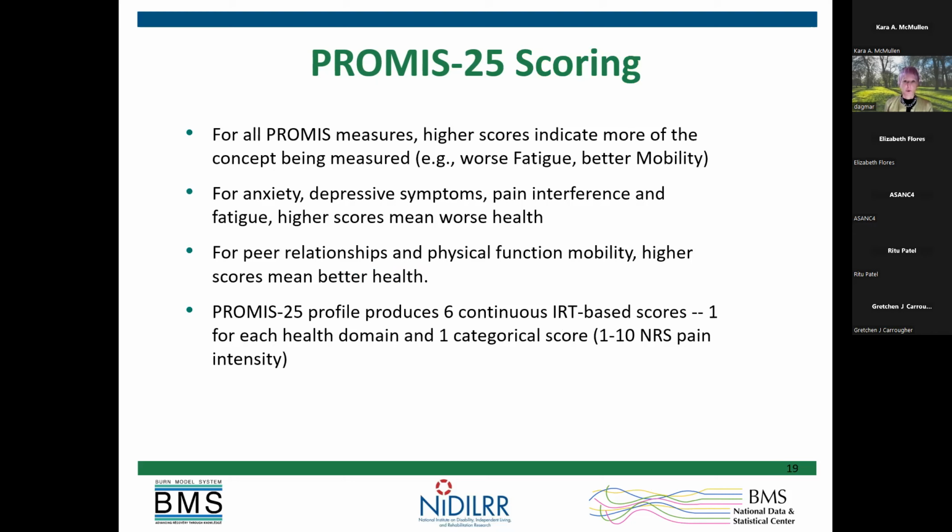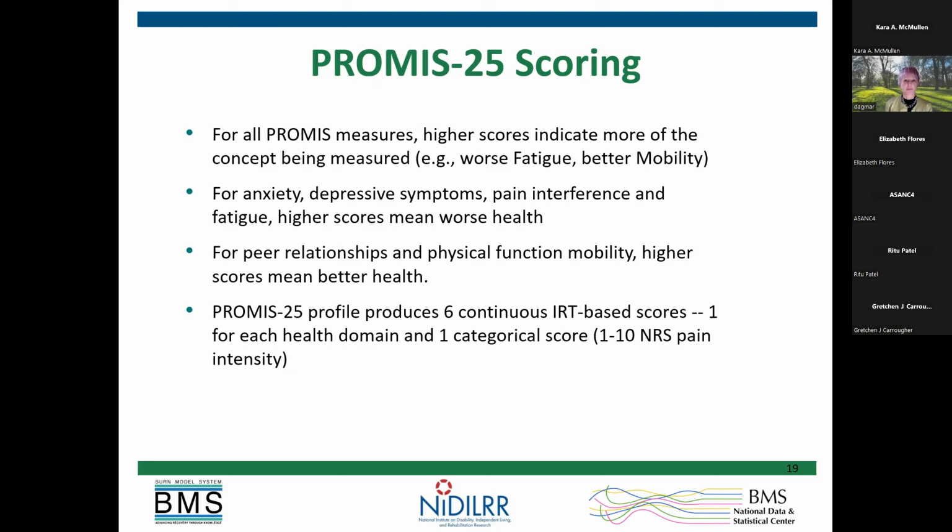The way we score PROMIS is that a higher score always indicates more of what is being measured. That is sometimes confusing, because sometimes a higher score is better and sometimes it's worse. For instance, if we're scoring anxiety, depressive symptoms, pain, or fatigue, a higher score actually means worse health.